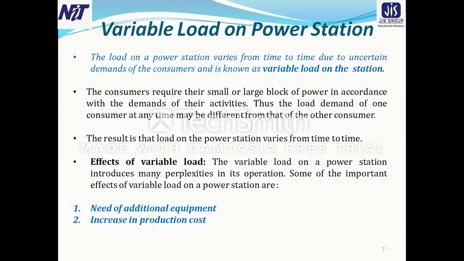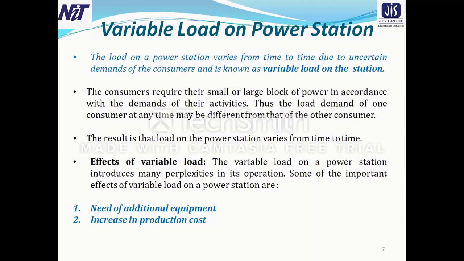Thus, the load demand of one consumer at any time may be different from that of another consumer. The result is that the load on the power station varies from time to time.